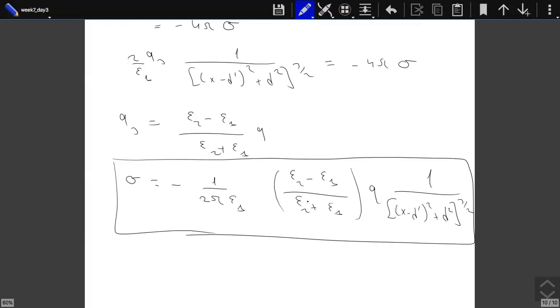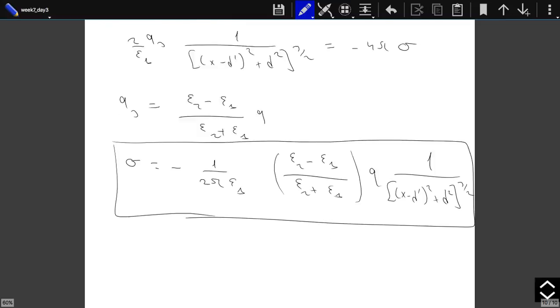We have an overall minus sign, so the surface charge density is positive. And if epsilon 2 minus epsilon 1 has the other sign, the surface charge density has the other sign also. So at least we made what's called the sanity check. Our results make sense, at least in certain limits. Whether it is correct or not is another issue, but at least it makes sense.